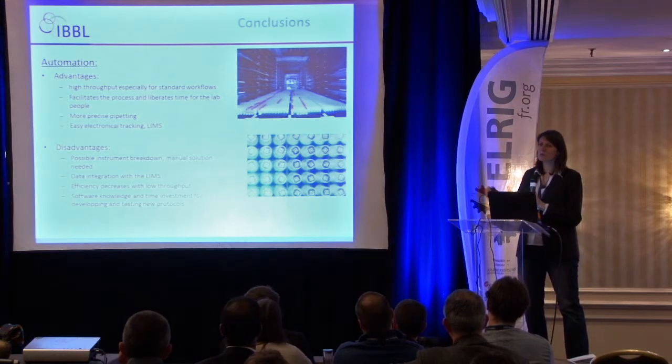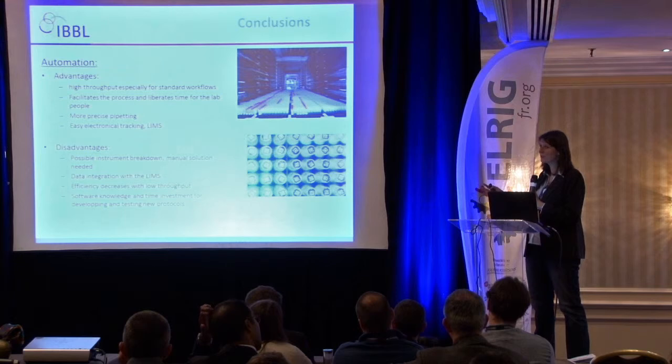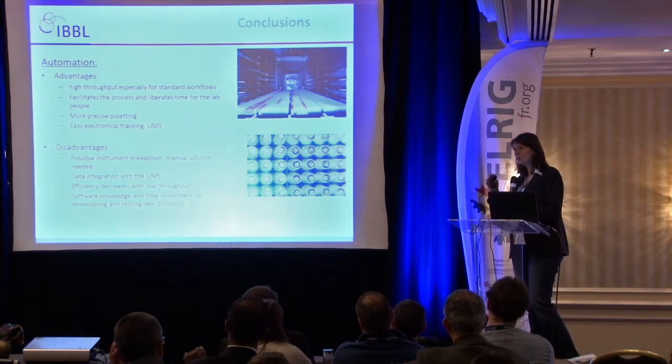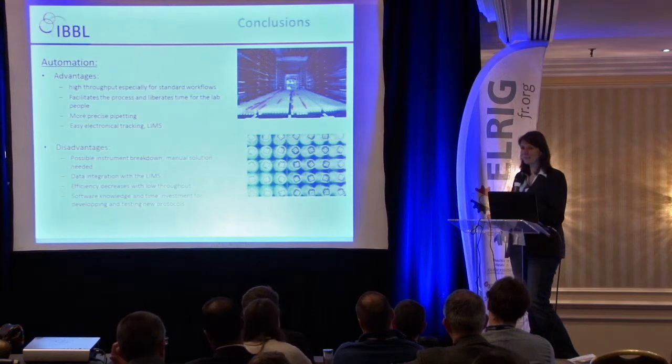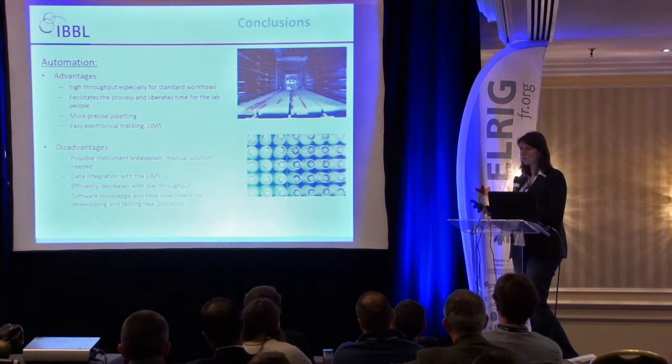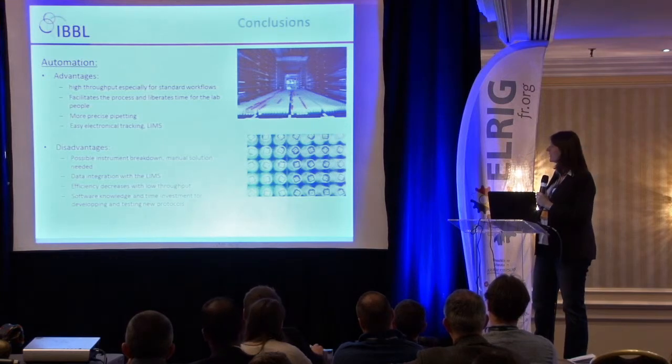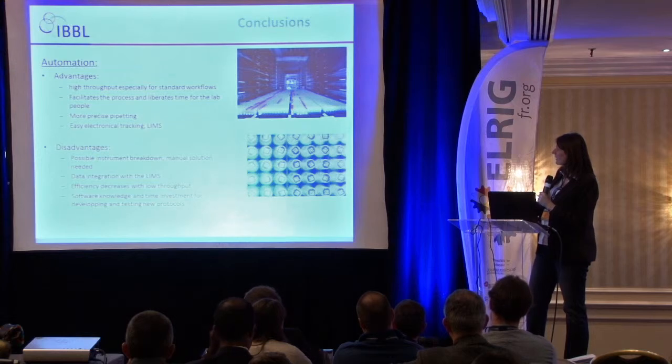So if someone comes to you and asks for some special workflow, and you first have to develop a script, and you first have to validate that it works and gives the same results as a manual workflow, then the high throughput will take a while to be installed. So I put it only for the highest throughput for standard workflows.